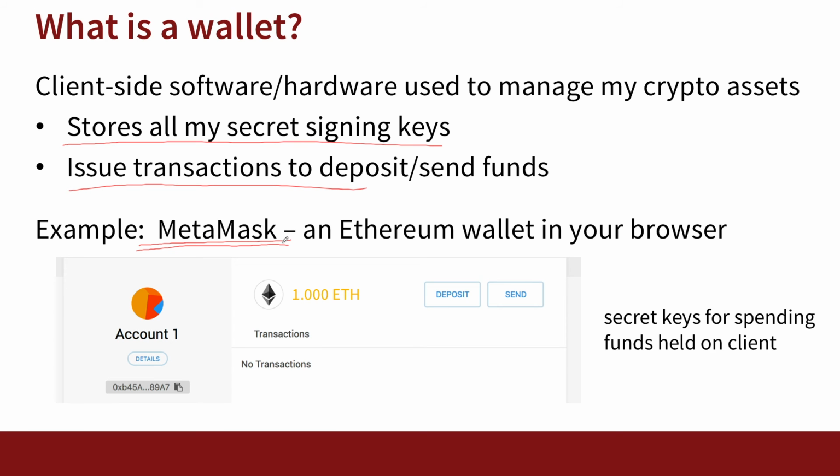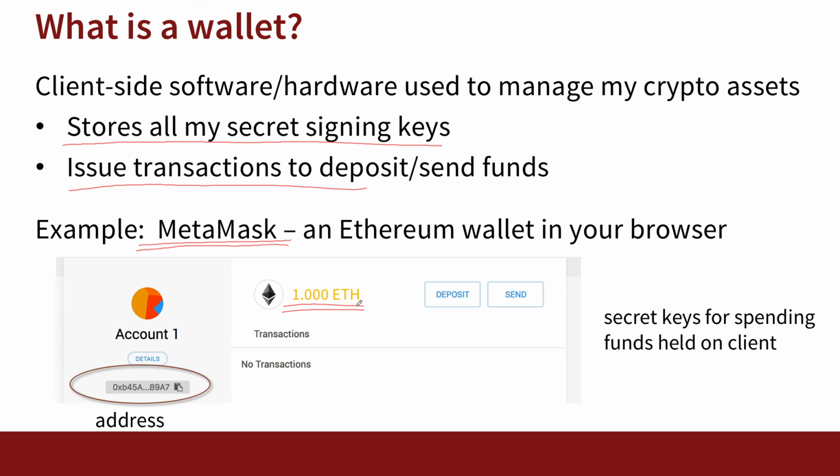So here's an example of the user interface for MetaMask once you install it on your system. Basically, there's an address associated with this particular wallet. In fact, you can have multiple addresses associated with a wallet. Here's one particular address. That address currently holds one ETH. So one ETH currently is a couple $100.